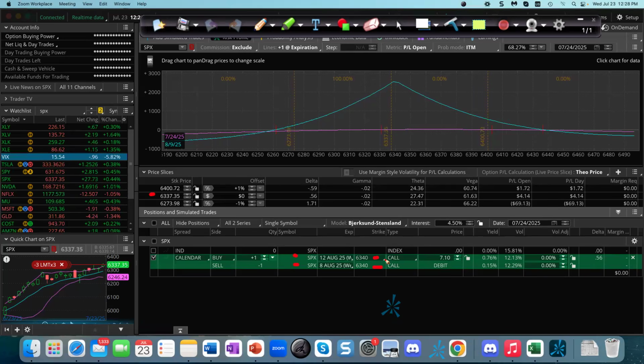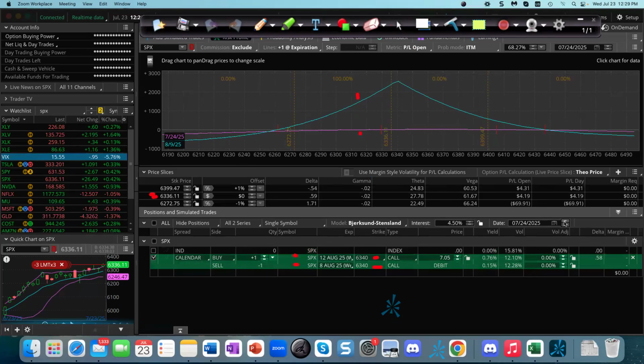What you're seeing here is just a basic at the money calendar. Your strike is near at the money. In Thinkorswim, this is your graph today, and this is your graph at the expiration of the short, August 8th, which is 16 days from expiration.